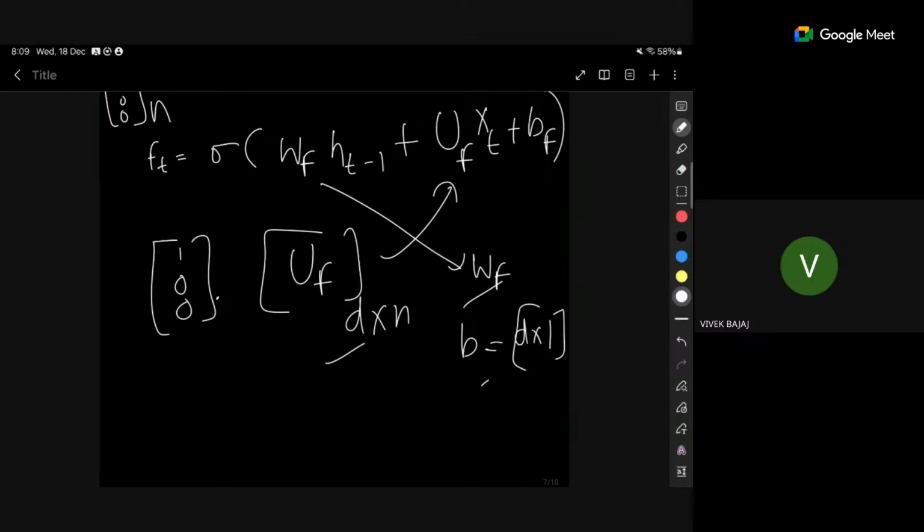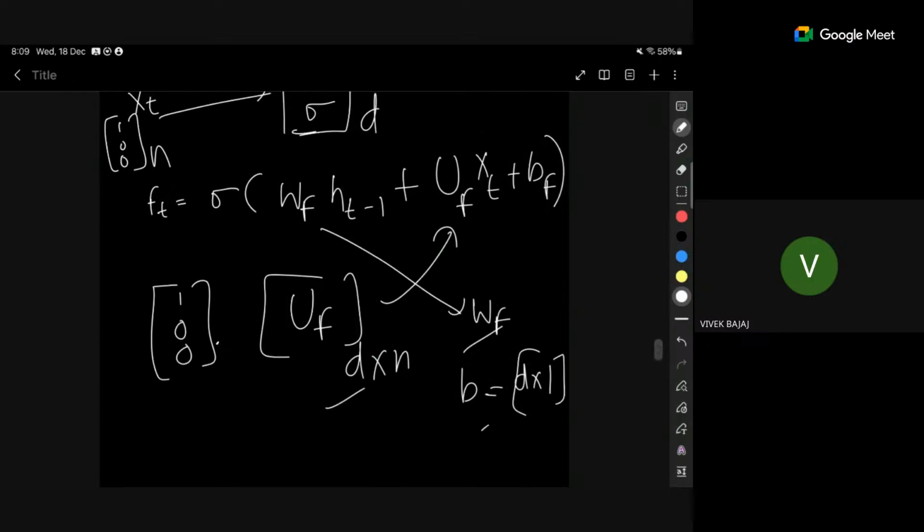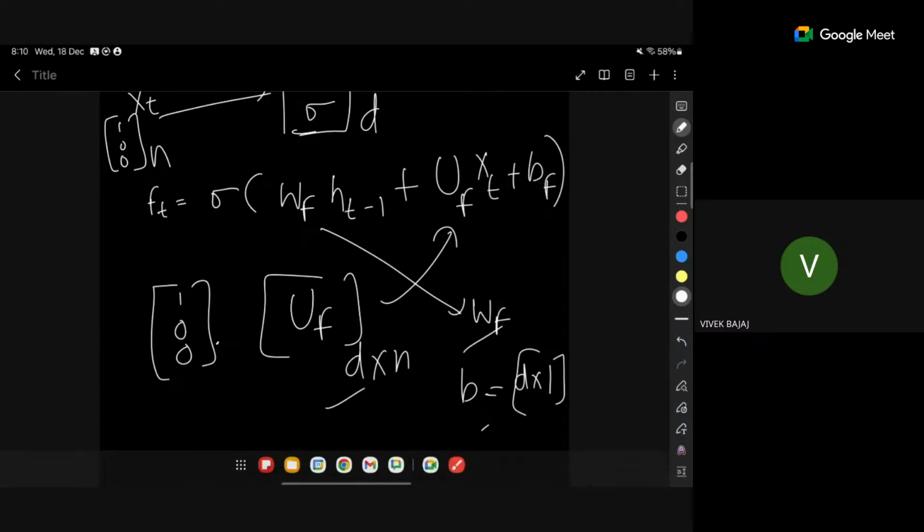The bias should depend on the input, XT? No, it should be based on the dimension of W. Yeah, that is correct. So it depends on HT. Yeah, sure, depends on the dimension of W.